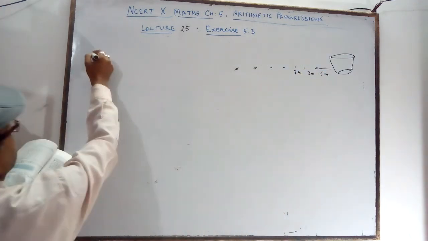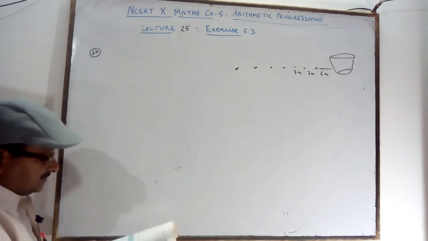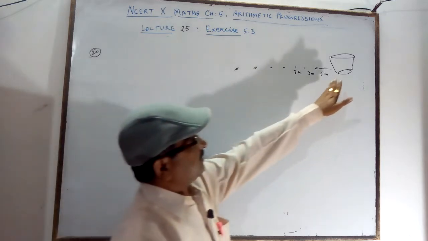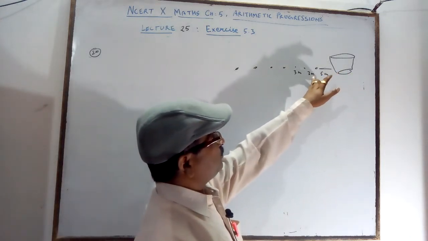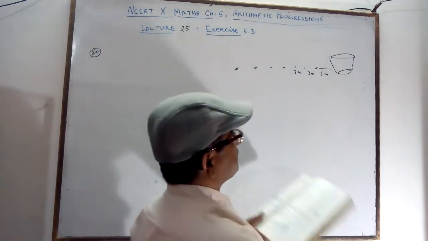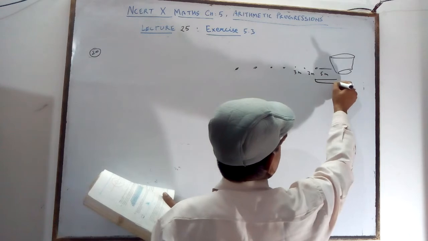The game starts by running from the bucket, picking up one potato and then dropping it in the bucket. So what is the distance covered? A person comes here and then goes back.